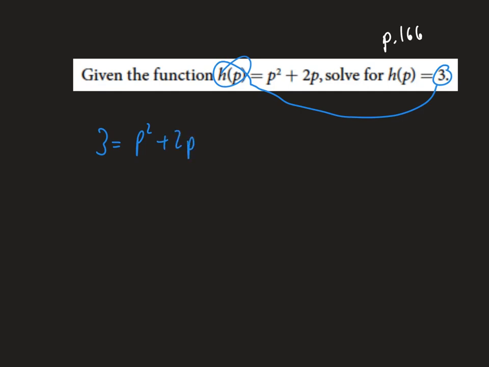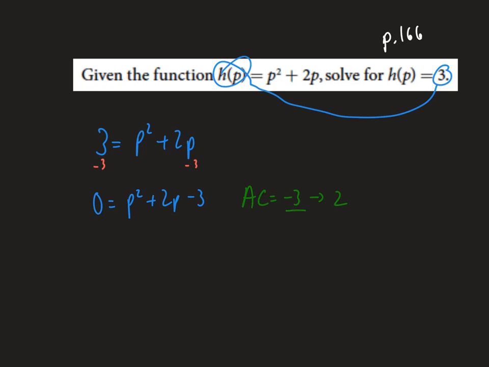Well, if I want to solve for P here, because this is quadratic, that means I need to factor this. And in order to factor it, I need to get one side to be 0. So the first thing I need to do is subtract 3 from the other side. We did this pretty recently. So 0 equals P squared plus 2P minus 3. It's going to be some easy AC factoring. So A times C is negative 3, and I need those to add to 2.